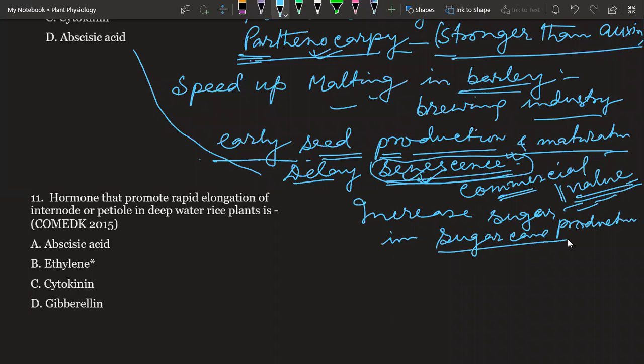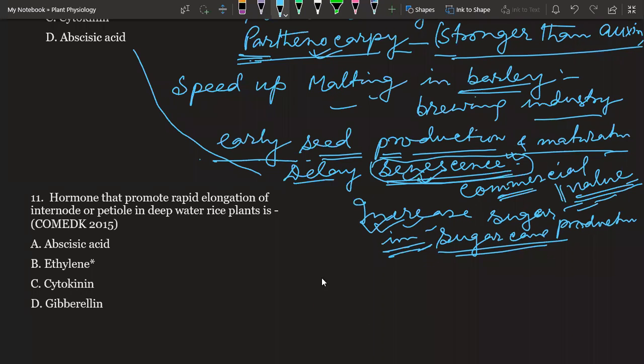By spraying gibberellin on sugarcane, the internodes will be longer, which means the sugarcane plant will grow very tall. They will have large cells, and the thickness of the plant will increase. So naturally the sugar content will also be more. They can increase it this way.